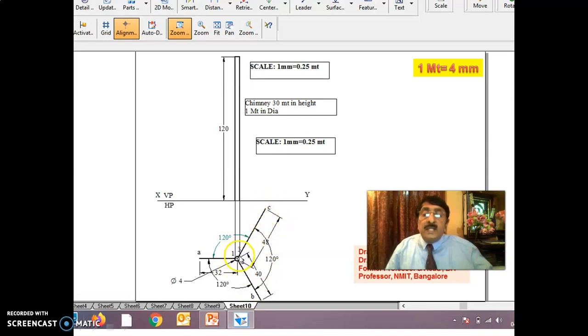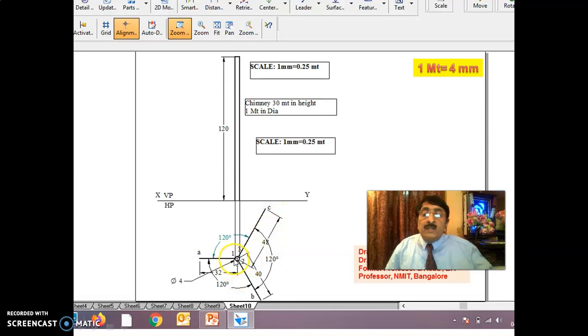Though the wire starts from 3 here, the measurement should be taken from the center. From the center this is 32, one wire, from the center this is 40, from the center it is 48.